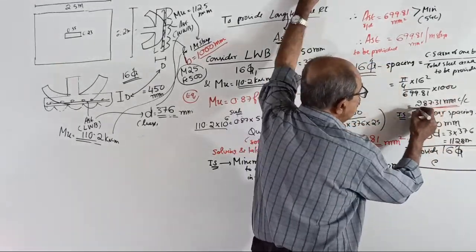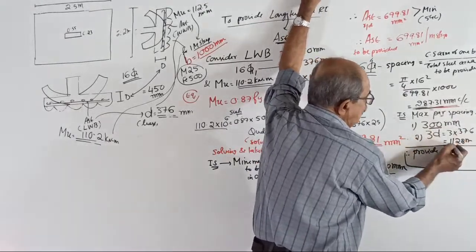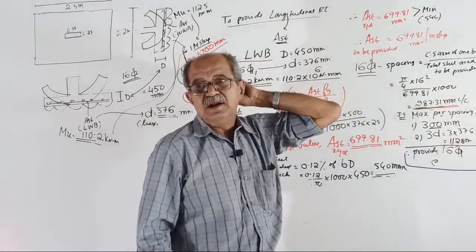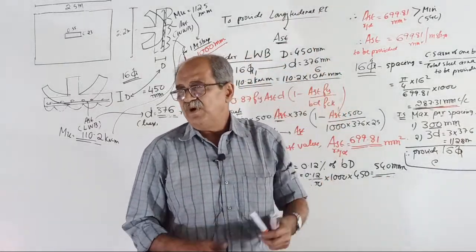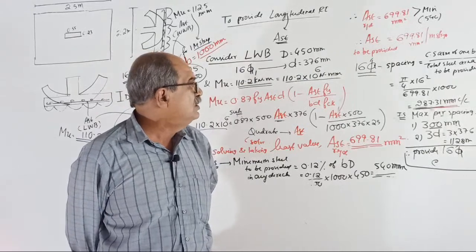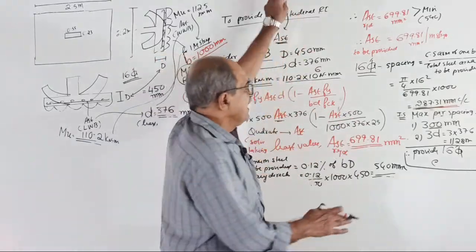See, 287, then 300 and 1128. Tell me the least value. Tell the spacing. Fast. Don't round off. So you have to provide a spacing of 280.